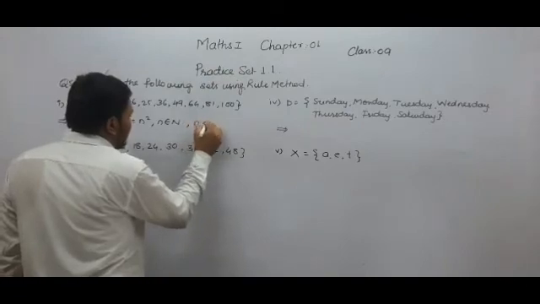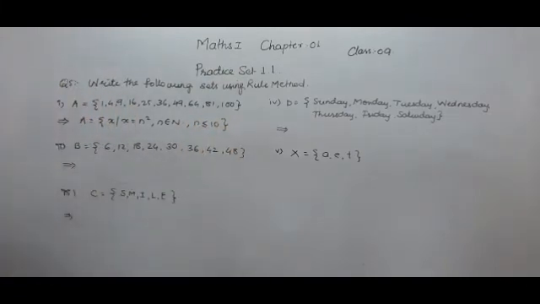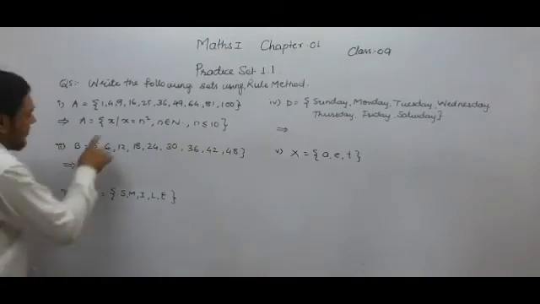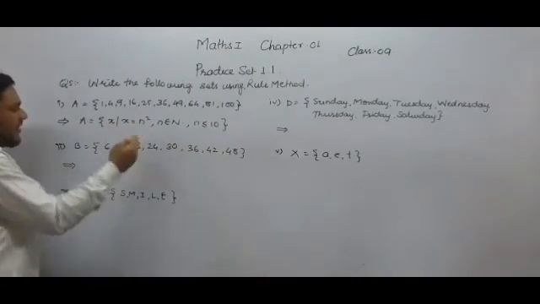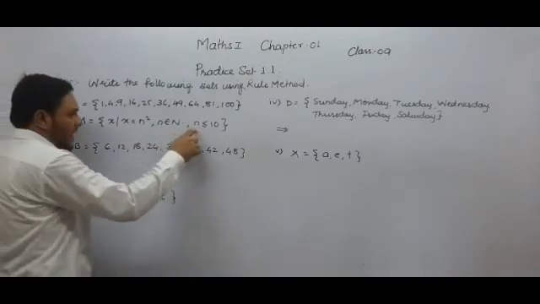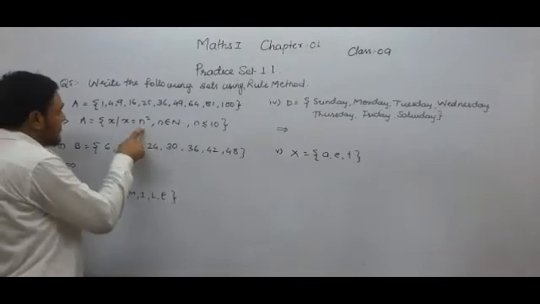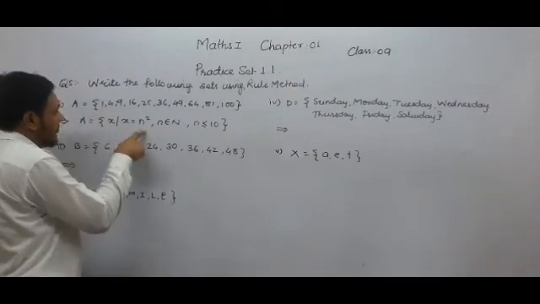now n is less than or equal to 10. Means student, when we write this set by rule method, we have to take one general element, and that general element will be equal to n square, where n belongs to capital N and n is less than or equal to 10. So it will take first 1 here. The square of 1 is 1, then it will take 2, the square of 2 is 4.